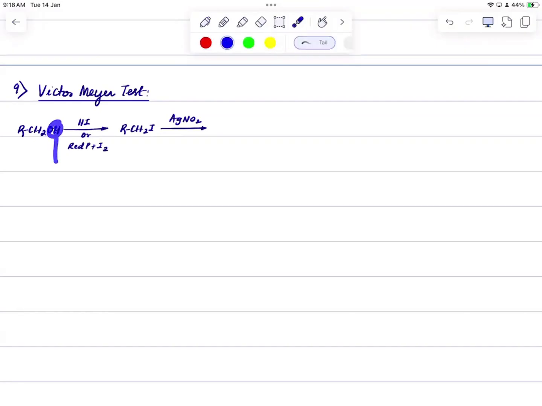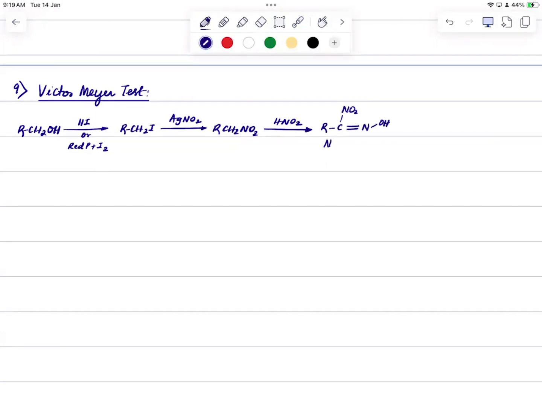So first OH will be removed, iodide will come. Next, I'll get this as RCH2NO2. In the place of iodine, you'll get nitro. And then you will use HNO2, nitrous acid. Nitrous acid will take this H and OH from here. And I will get this as RC(NO2)=NOH, so an oxime type of a form.